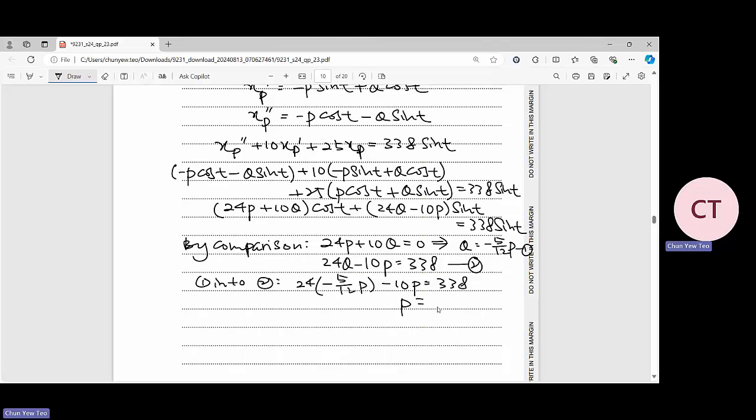Your P, it will be negative 5. Oh, sorry, I made a mistake. This is negative 12 over 5. So if you press the calculator, you get P as negative 5.